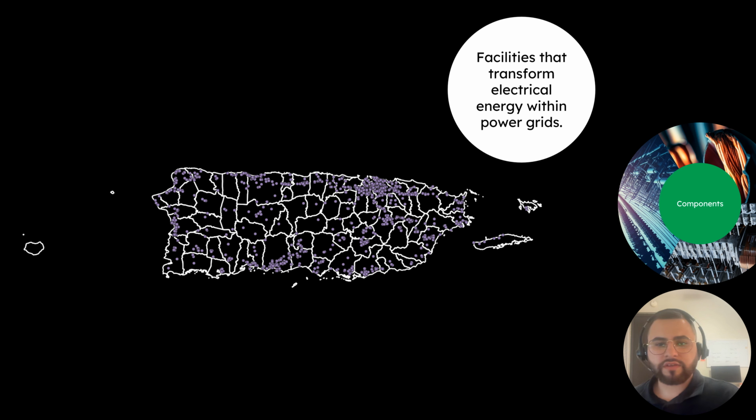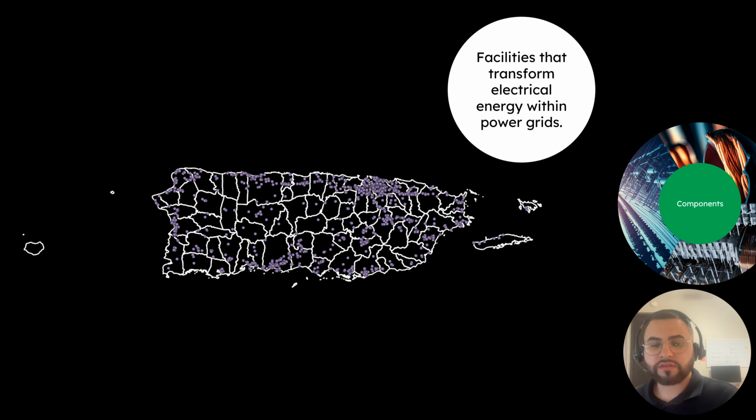Now, let's delve into the critical aspect of transforming voltage to a suitable level within an electric utility framework. Achieving this transformation necessitates facilities equipped for such tasks. And as discussed in previous slides, substations play a pivotal role in this process for both transmission and distribution of energy.